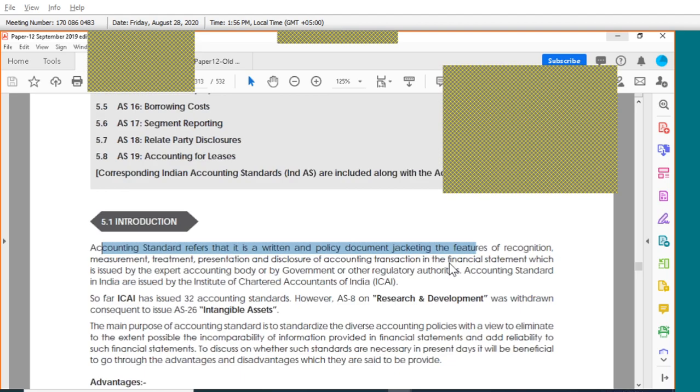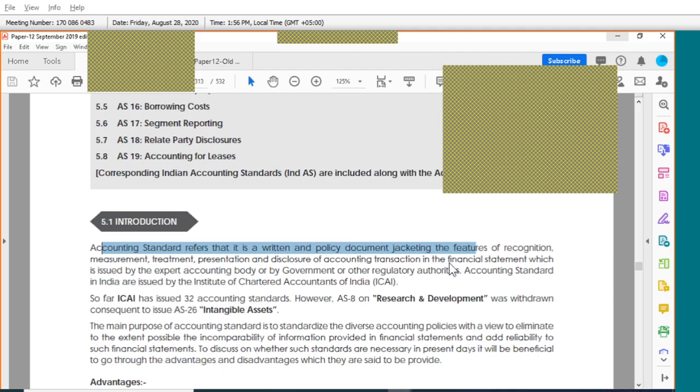Then profit or loss. Then examining. Any other answer? Addressing, okay. Legality, good.